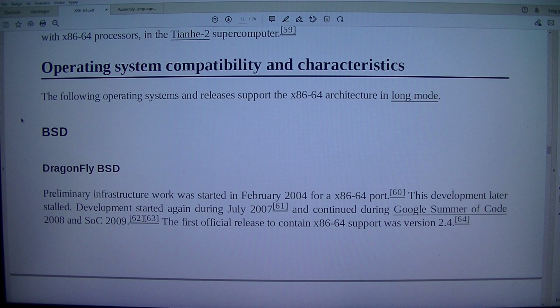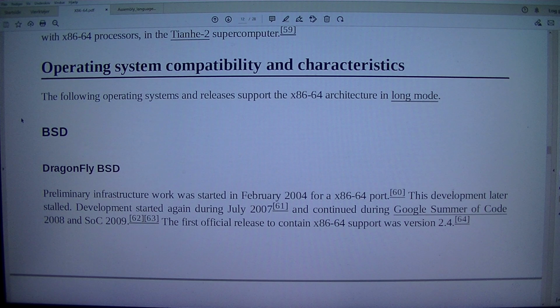Operating system compatibility and characteristics. The following operating systems and releases support the x86-64 architecture in long mode. BSD. DragonFly BSD. Preliminary infrastructure work was started in February 2004 for an x86-64 port.